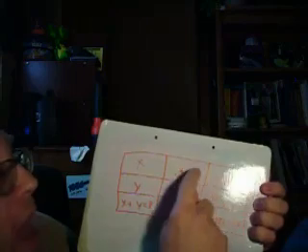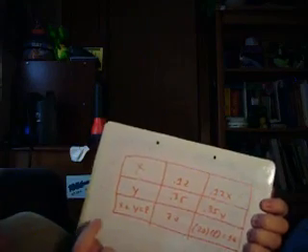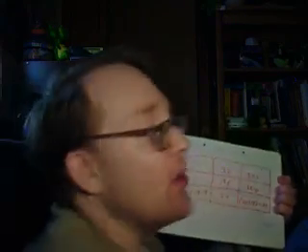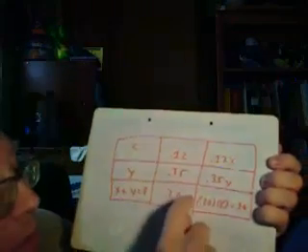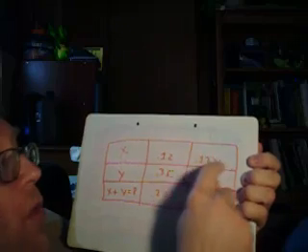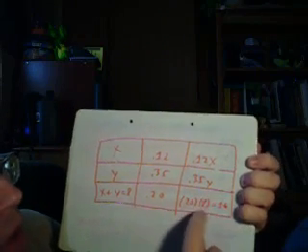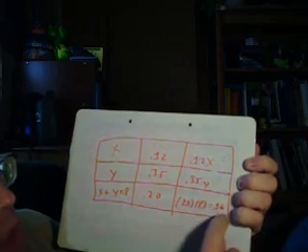Now we know that X is a 12% solution, Y is a 35% solution, and the final resulting solution will be a 20% solution. So 0.12x plus 0.35y is going to give you 0.20 times 8, which is 1.6.